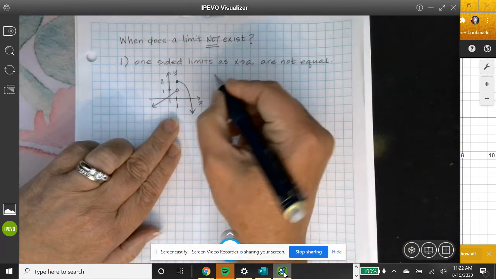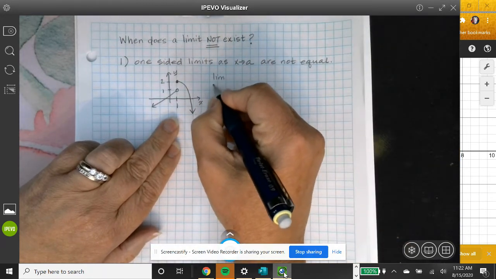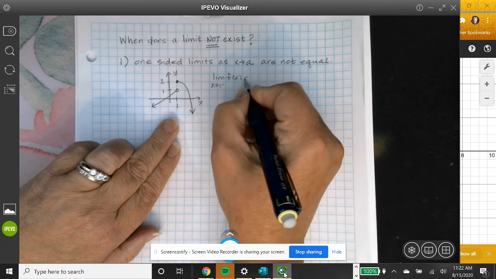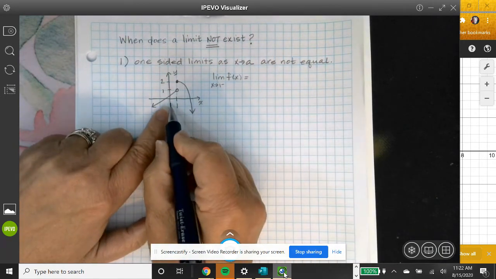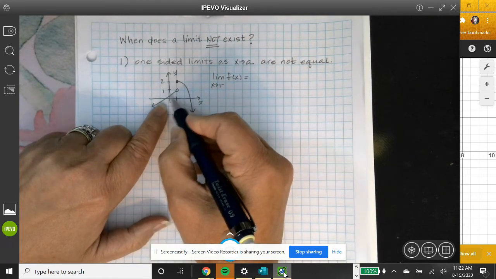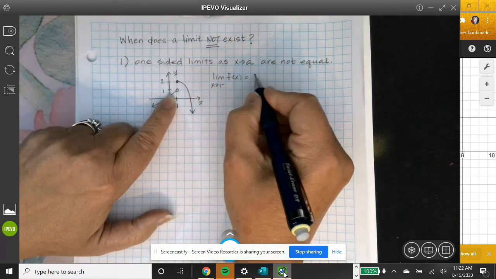The one-sided limits here: the limit as x approaches 1 from the left of our f of x, as x gets closer and closer to 1 from the left side, the f of x is approaching 1.